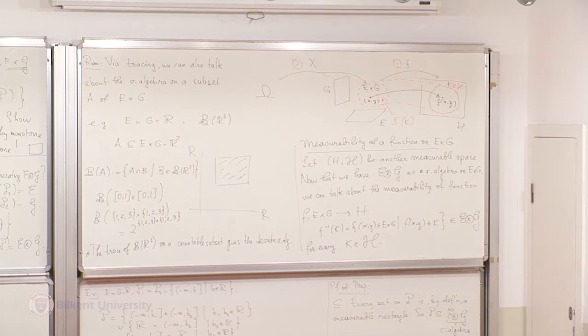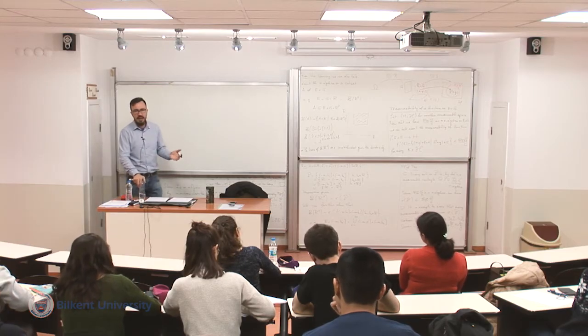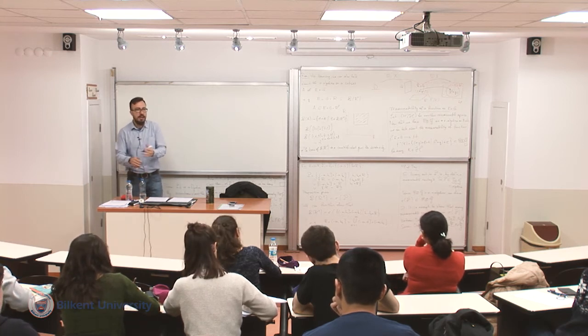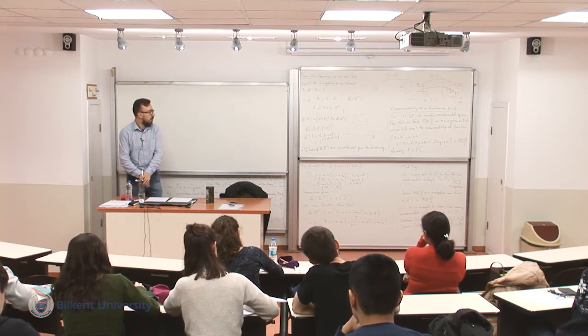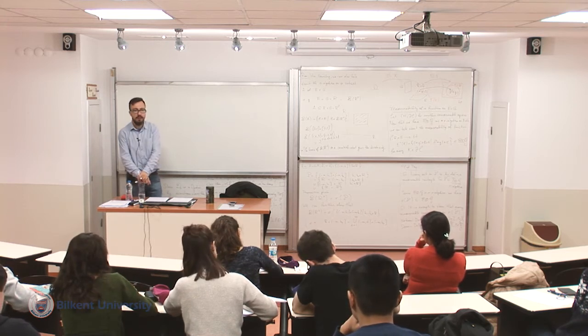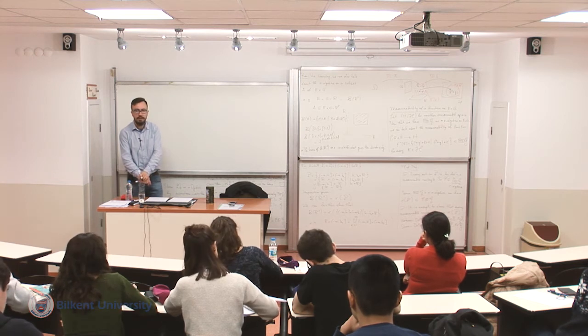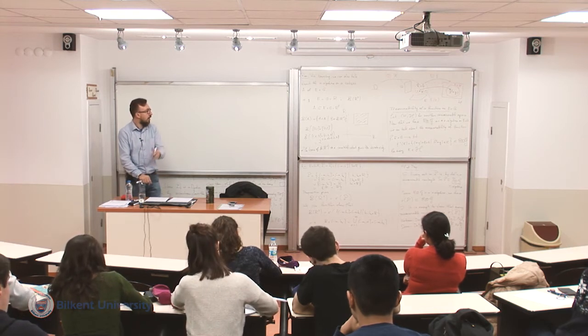But this is not a new definition. This is just applying the old definition. Okay? So you can see this f as a multivariate function, right? But there is nothing different in terms of the definition of measurability, because you have a sigma algebra on the product space. So you can just treat it as an ordinary measurable space. You can just treat E cross G as an ordinary measurable space.